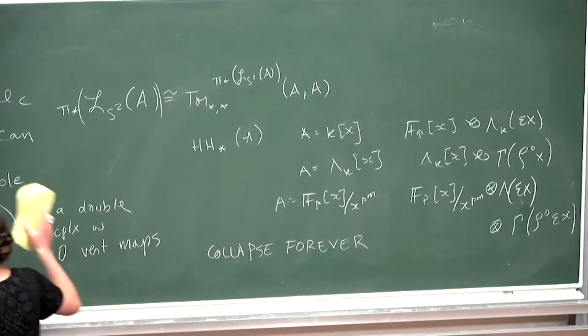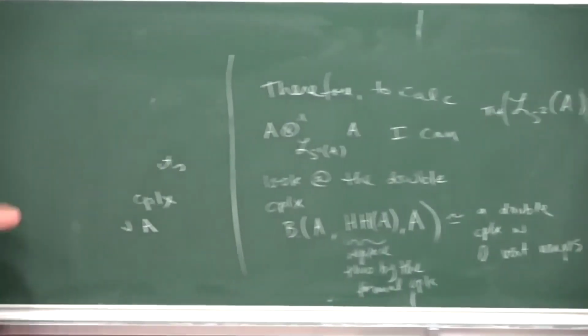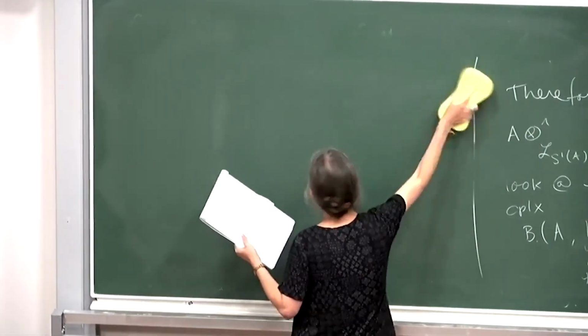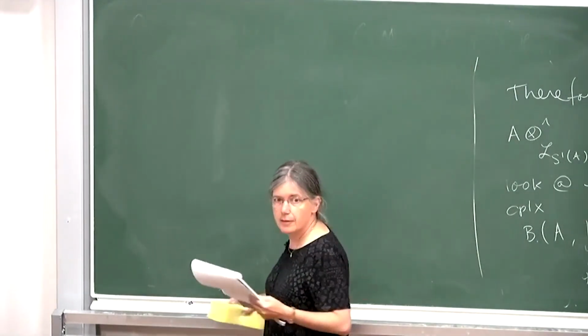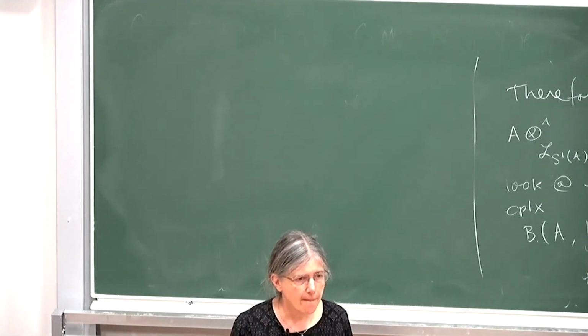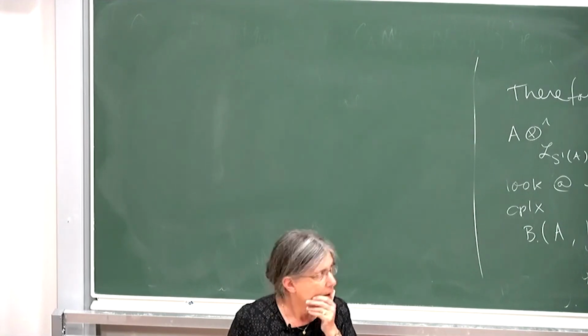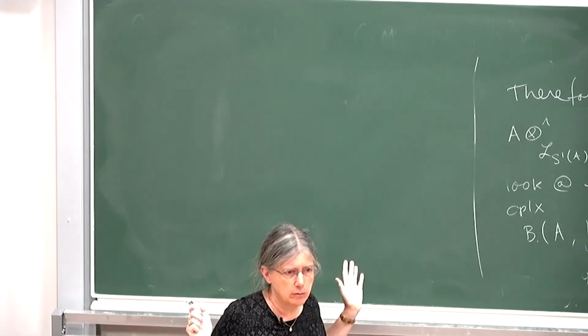And that is where Bjørn comes in, and where we found out that Mike and Maria had done it before. But maybe I missed some points. You have this Tor spectral sequence, but it seems to me that you said that there's no extension problem. Oh, I'm working over a field.